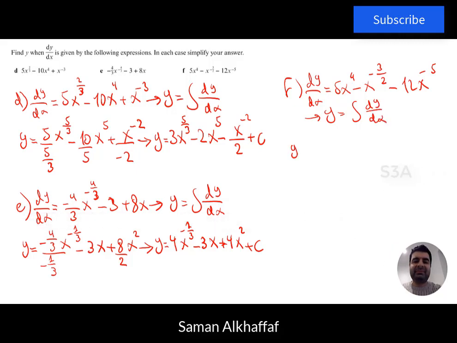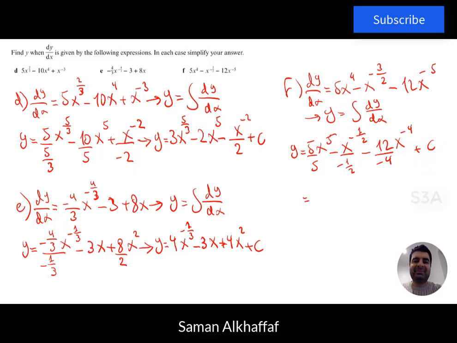So that means y will equal 5x to the power of 5 over 5 minus x to the power of minus 3 over 2 plus 1, that would give us minus a half, and also will be divided by another minus a half, minus 12x to the power of minus 4 divided by minus 4 plus c.